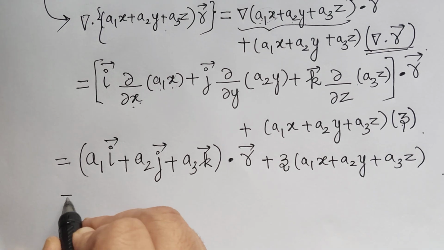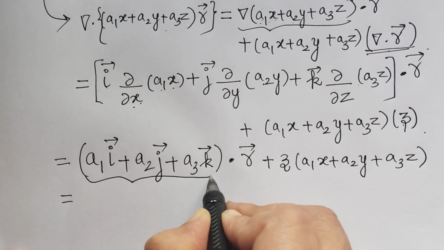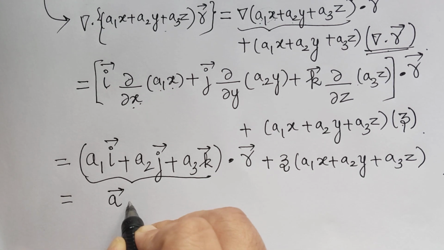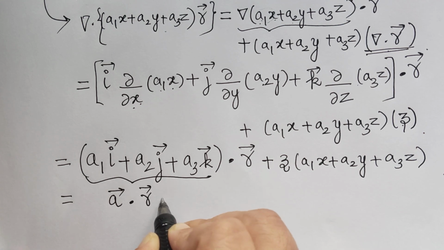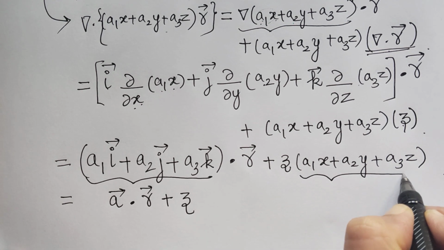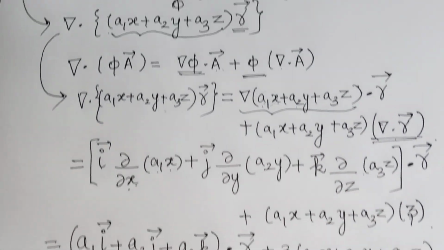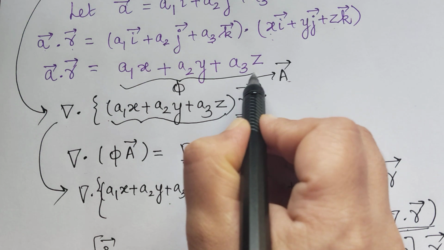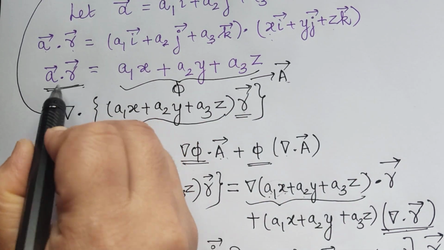So now if you see, what is this? This is the constant vector that we have taken. So it is the A vector. So A vector dot R vector plus 3 multiplied with, what about this A1x plus A2y plus A3z? It is A vector dot R vector.